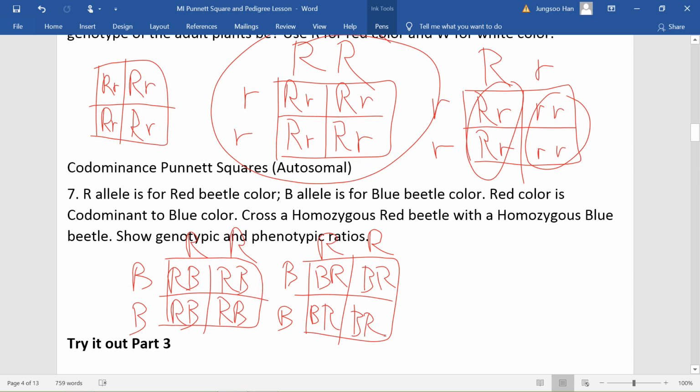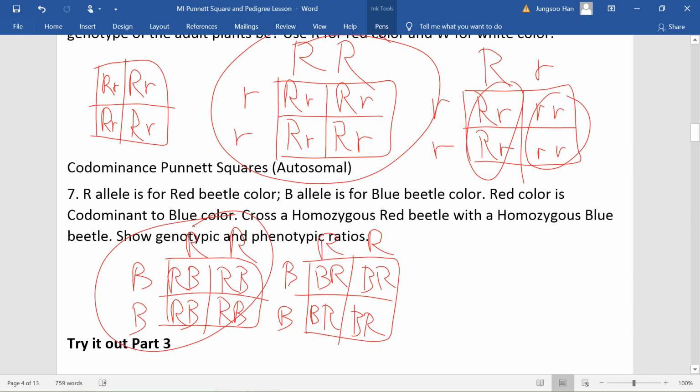Okay. So looking at this Punnett square, basically you end up with four of the Punnett square boxes that are going to be heterozygous, you know, RB.